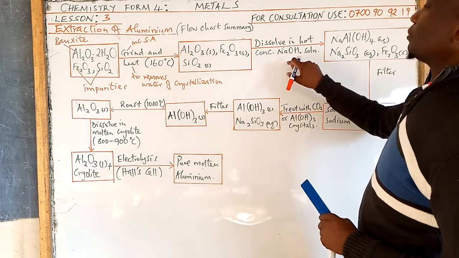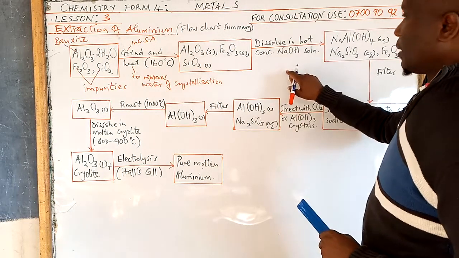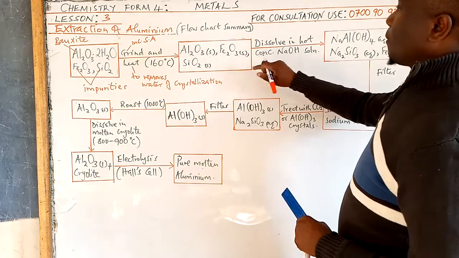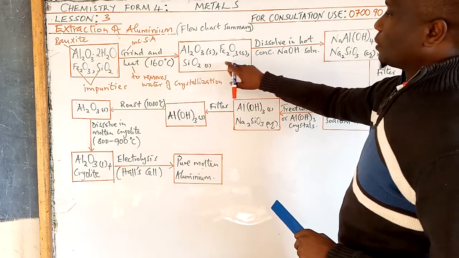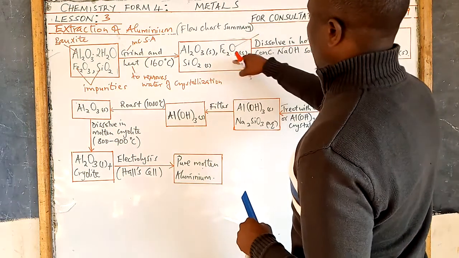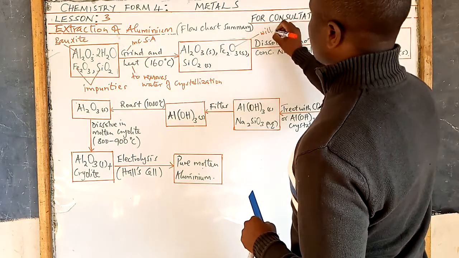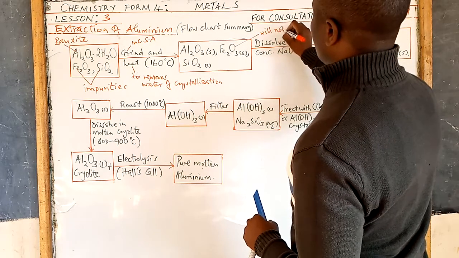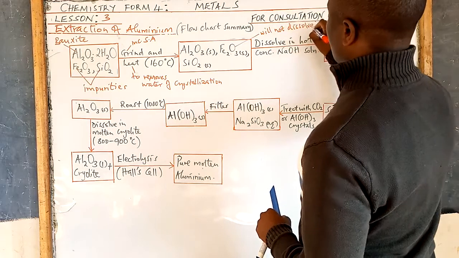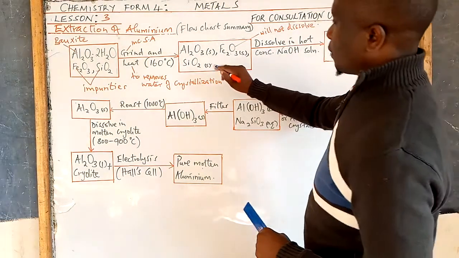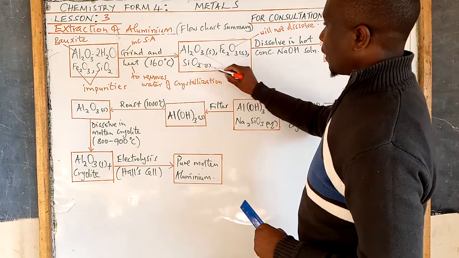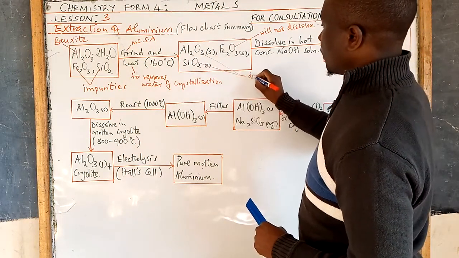So you dissolve in hot concentrated sodium hydroxide, in which these two will dissolve, this one will not dissolve. So this one, that is iron 3 oxide, will not react, so will not dissolve. But these two, that is aluminium oxide and silicon oxide, dissolve.